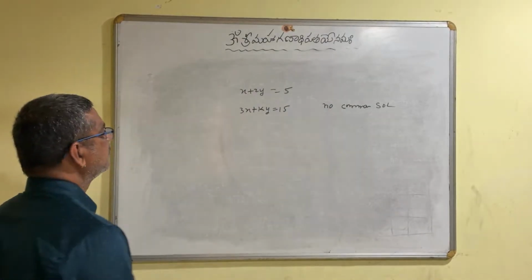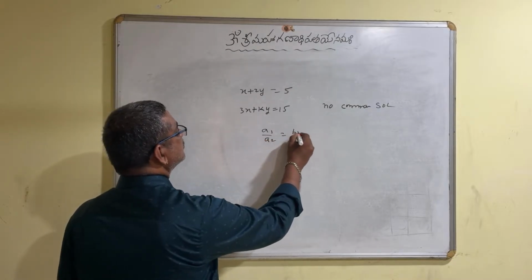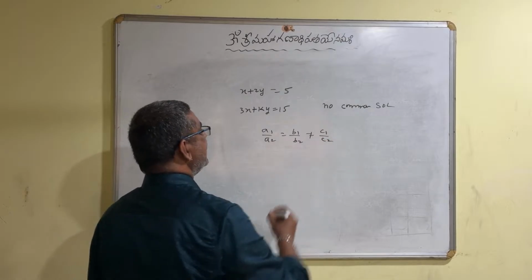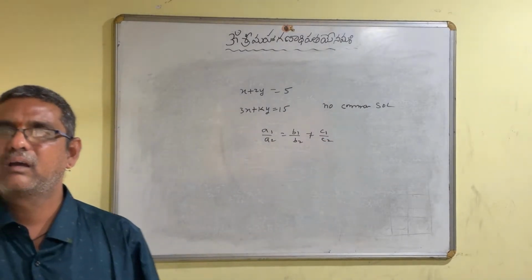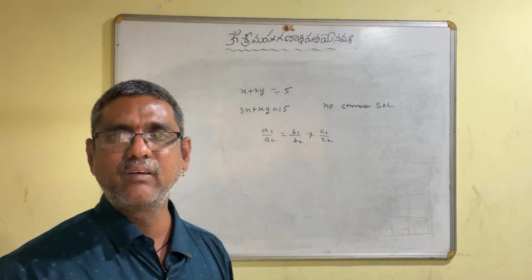Very good. a1 by a2 is equal to b1 by b2 not equal to c1 by c2. Very good, Vaishnavi Kesani.